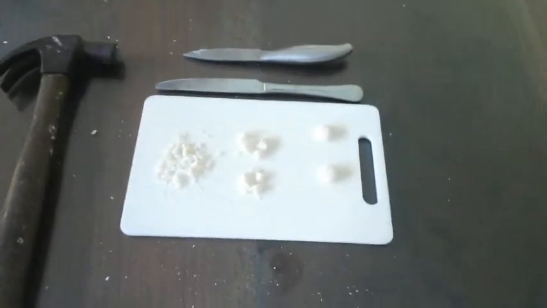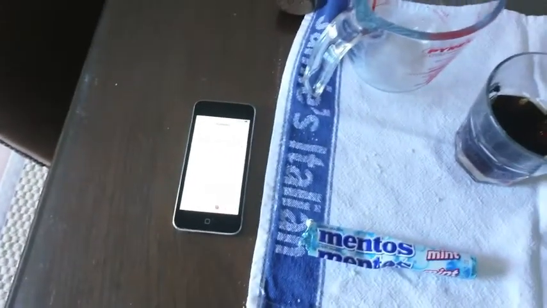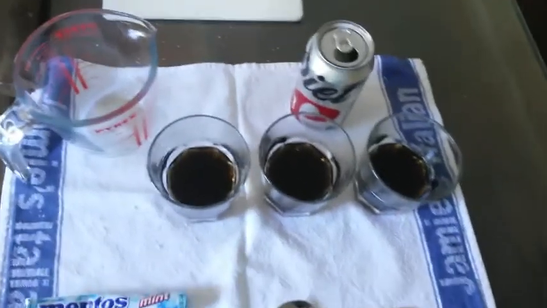The Mentos as it's here in different forms, a hammer to powder, a knife to quarter, and the whole was left alone by itself. And lastly, we have a stopwatch to measure the time taken in the breakdown of the food, or rather the Mentos.